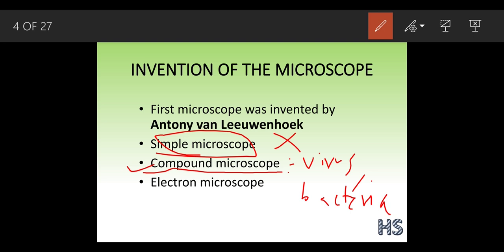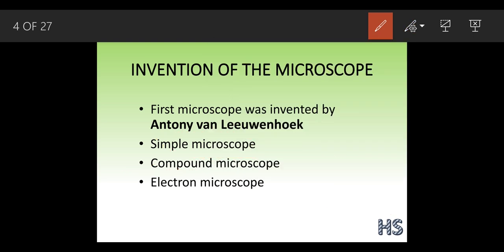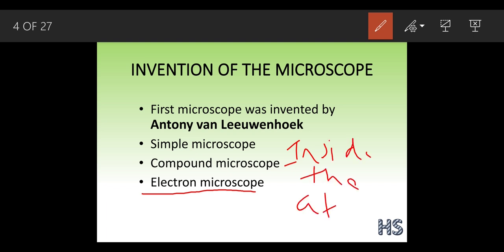Then one more microscope came into existence, that is the electron microscope. See, where are electrons present? Inside the atom. If you can't see the atoms, how is it possible to see the particles?